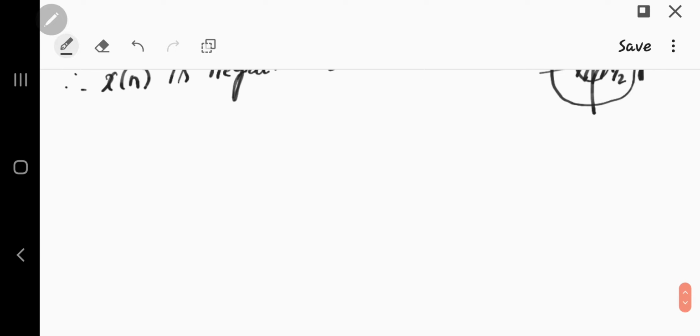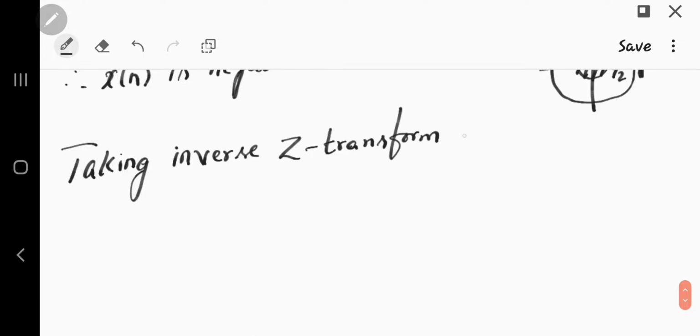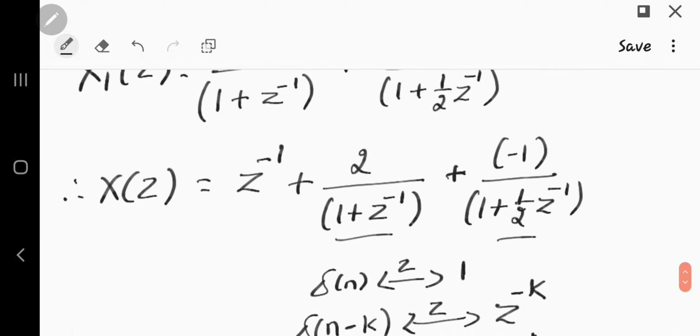Okay. So based on that, we can write taking inverse Z transform. If you want to be more precise, we mention that taking inverse Z transform on both sides, because x of z, if you take inverse, it will become x of n. So first I'll write this term z inverse.